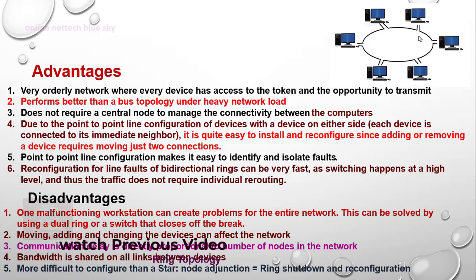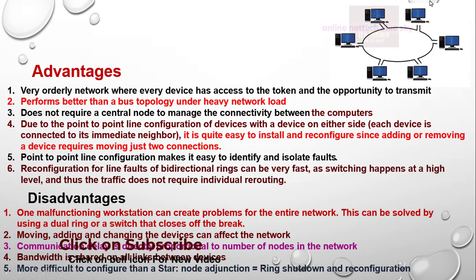Okay, it is more difficult to configure than star. Node failure equals ring shutdown and reconfiguration. So maybe a computer is not working, or you remove your cable, or maybe your RJ45 cable wires are cut. So the whole network shuts down.